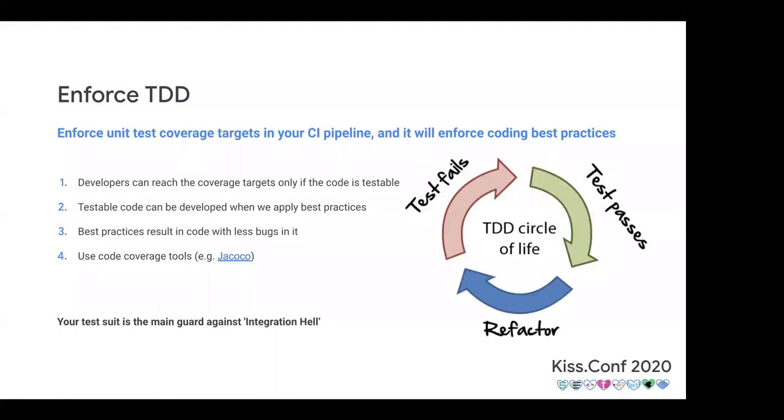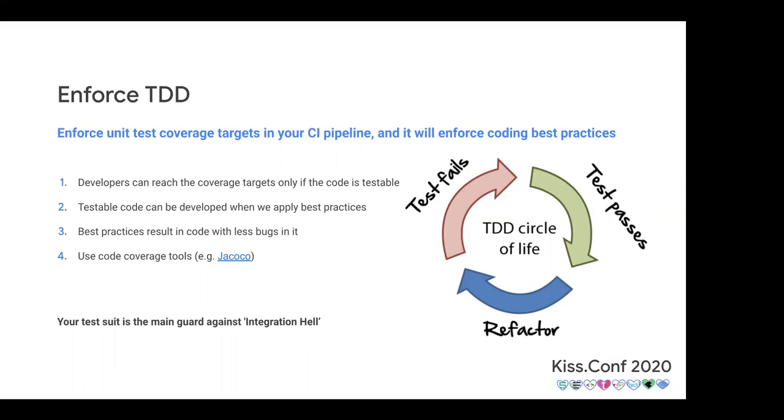So another very important aspect which I found the most efficient is enforcing test-driven development. When we enforce test-driven development and when we limit the number of frameworks that the developers can use for testing the application, they cannot test the code if the code is not testable.